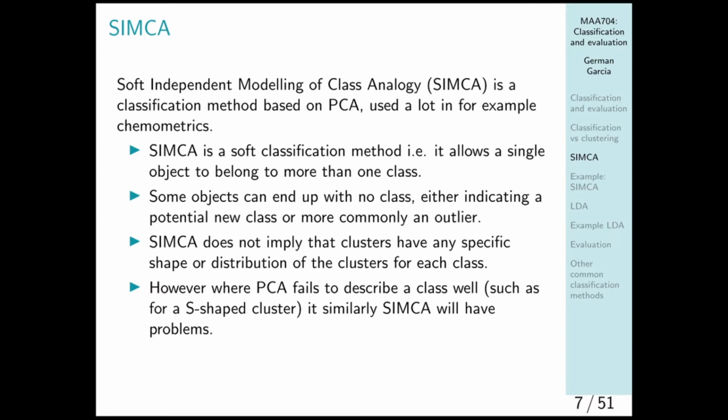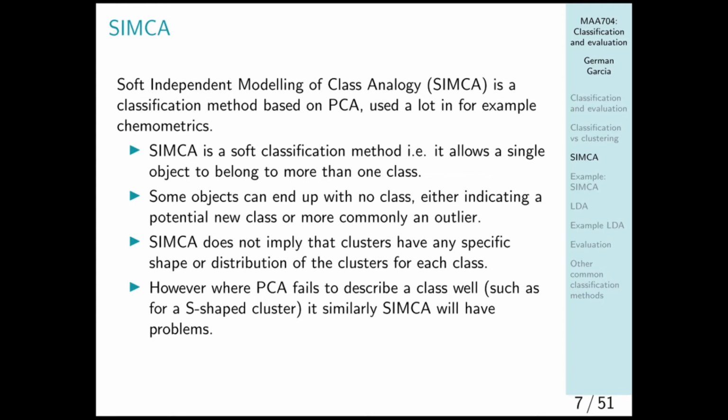In the example we're going to be seeing, we're working with different flowers and there are some outliers out there. Now, Simca does not imply that clusters have any specific shape or distribution of the clusters for each class. It only classifies. However, the description of the class of Simca is tied to the ability to describe classes of PCA, and as we will see, Simca is going to have some problems with certain shapes of cluster.